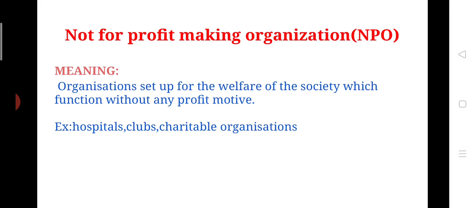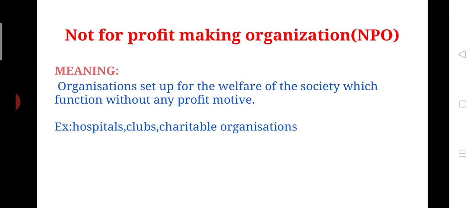One is profit making or rather profit seeking organization. Another one is not for profit making organization. First category, the main objective is to make a profit, make more and more profit. That is the first objective, most important objective of the first category. Second category, which is our current topic, NPO, it is not for making profit, but for helping the society, doing good things for the society, welfare of the society, welfare of the members, without any profit motive, right?